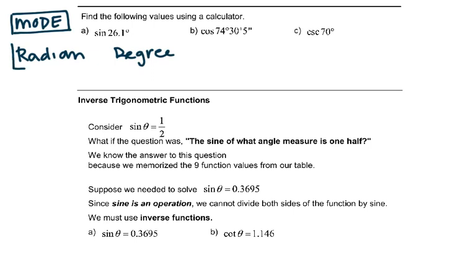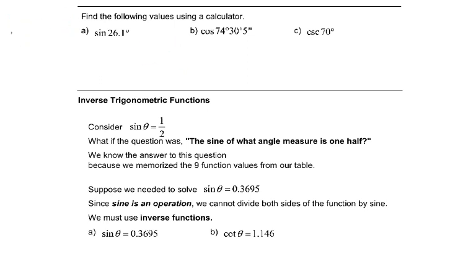Most likely there's a dark box around radian in your calculator. What you're going to want to do is be in degree mode. In this class, we're going to switch back and forth, but you're going to arrow down, highlight degree mode, hit enter, and then that will become dark. As long as you're in degree mode, it's pretty easy to type these values in.